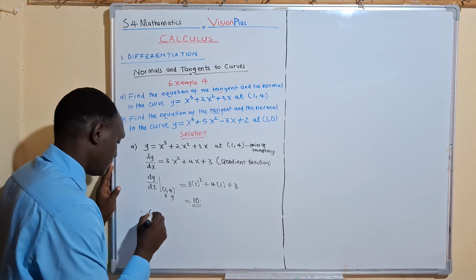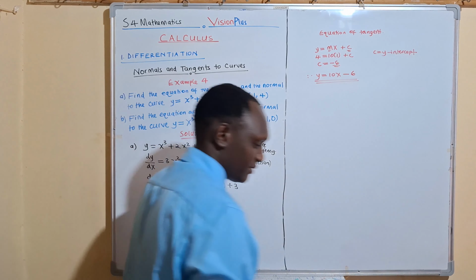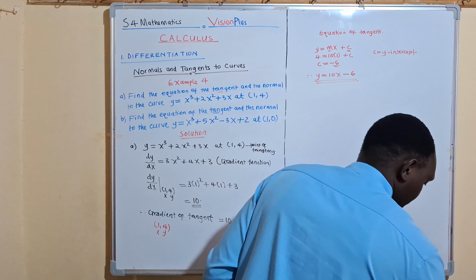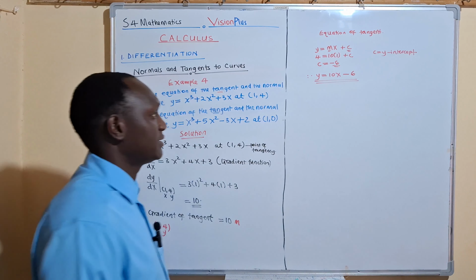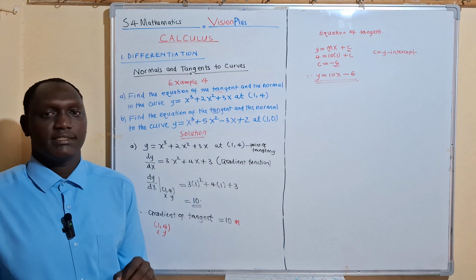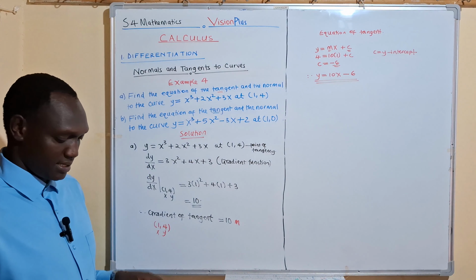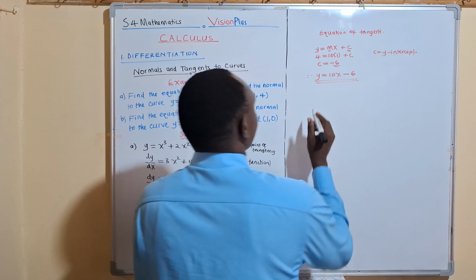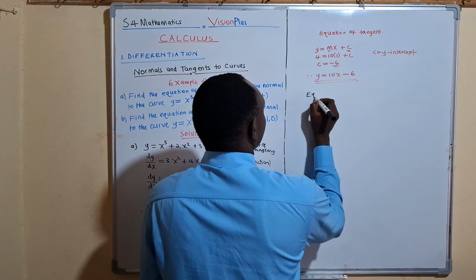What do we know about the normal and the tangent?